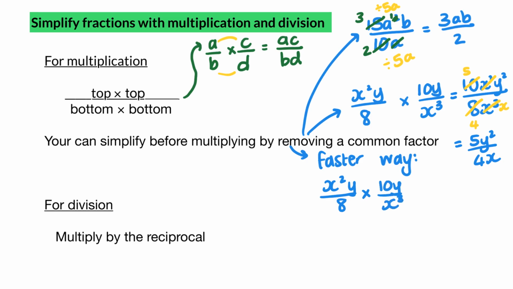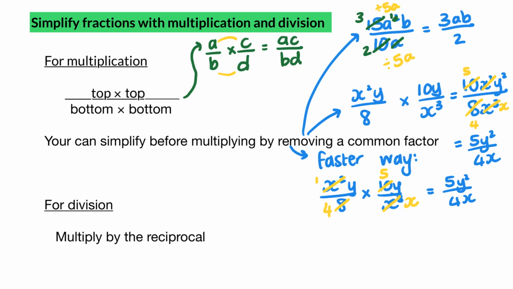Since I'm going to be multiplying all the numerators together and all the denominators together, I can simplify by removing common factors in any numerator and any denominator of the fractions being multiplied. 2 goes into 8 4 times, 2 goes into 10 5 times. X squared goes into there once, and I'm left over with x at the bottom. And so here I get 5y squared out of 4x. So it's definitely faster to simplify fractions before you multiply.